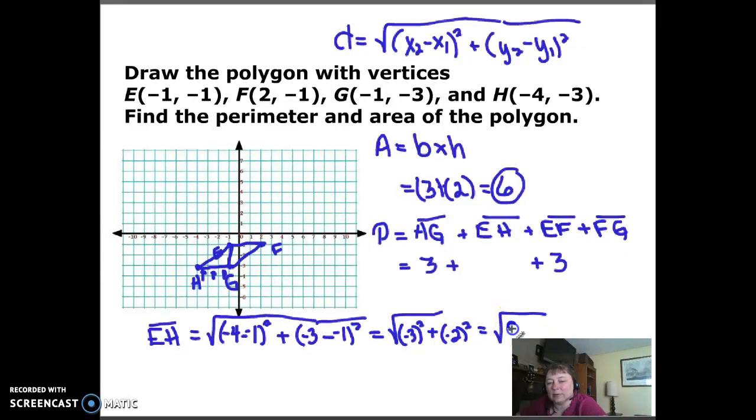Negative 3 squared is 9. Negative 2 squared is 4. So that tells us that EH is the square root of 13. I can plug that into my calculator in a minute and find out exactly what that is. But let's find FG. This looks very similar to a parallelogram, so this should be the same, but let's check it to make sure.